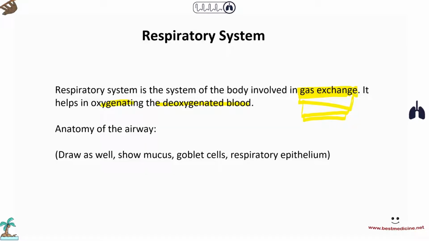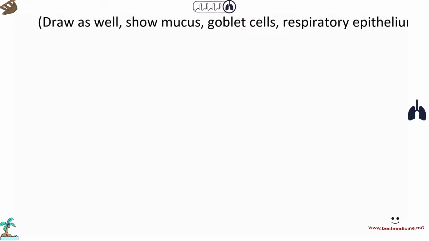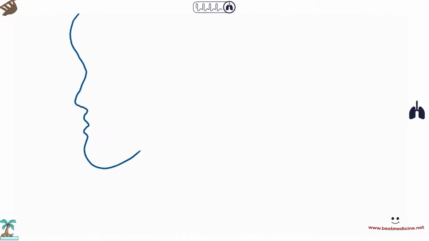So what is the anatomy of the airway? Well, for this, we'll have to draw a diagram here. So we have a person, and this person will have a nose, through which the person can breathe. And the person can also breathe through the mouth.